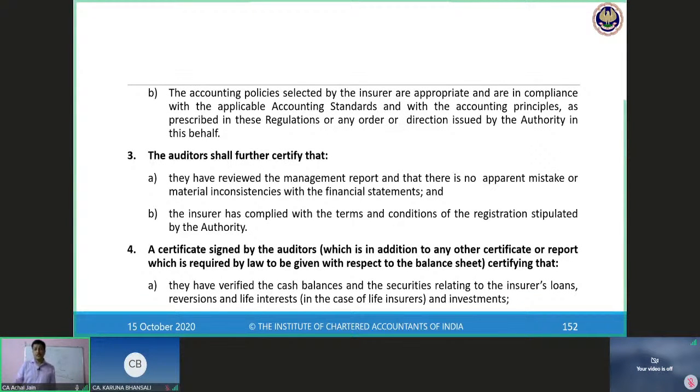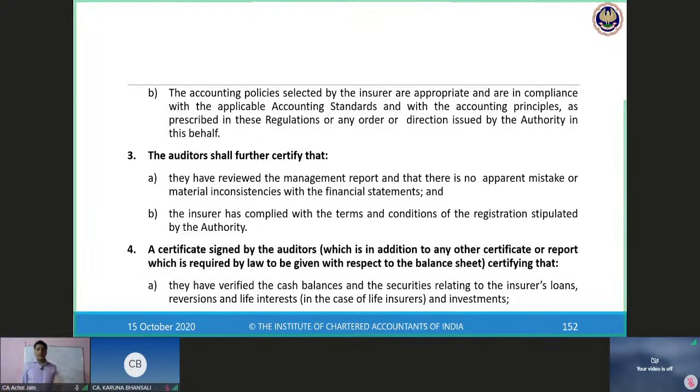So all of these things are required to be specified in the audit report. Accounting policies selected by the insurer are appropriate and are in compliance with applicable accounting standards and with the accounting principles as prescribed in these regulations or any order or direction issued by the authority in this behalf.